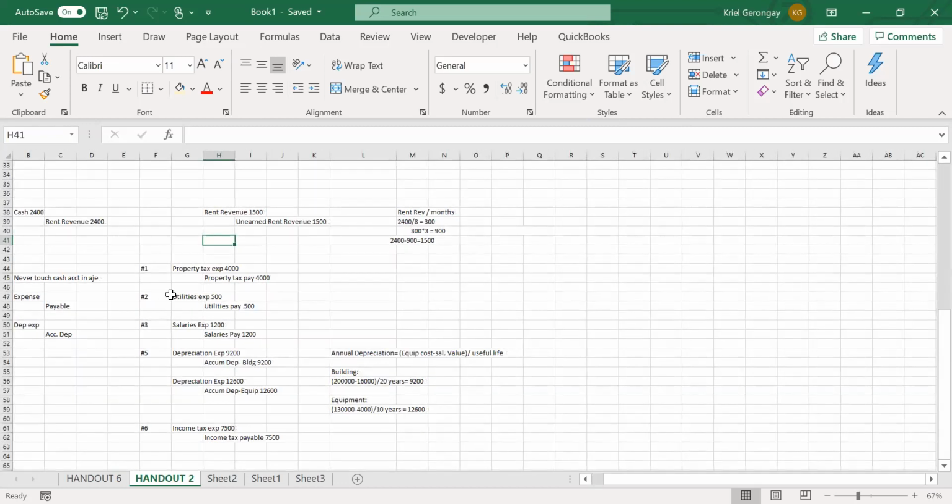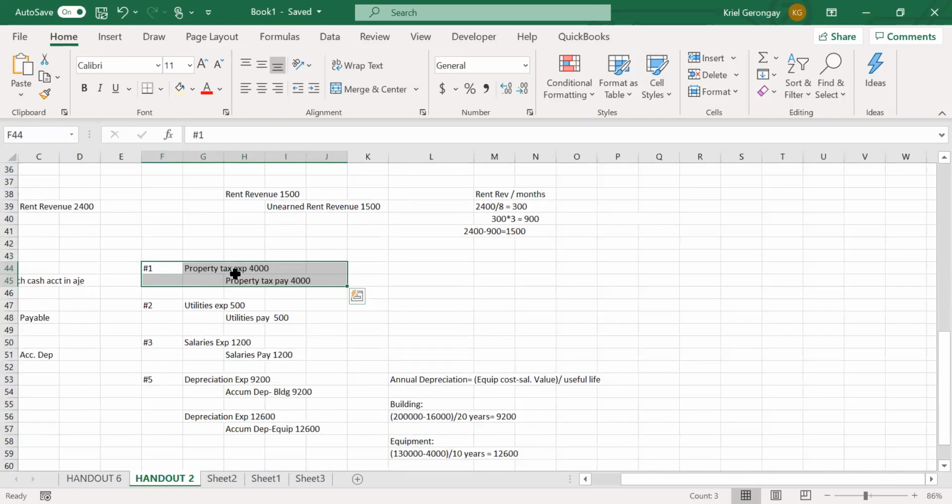If you look at number 1, it says property taxes are due on December 1st, and the company has not paid or recorded its $4,000 property taxes for 2020. So what we did here is related to number 1 of the additional information. This adjusting journal entry, property tax expense debit and then property tax payable, reflects the number 1 information.